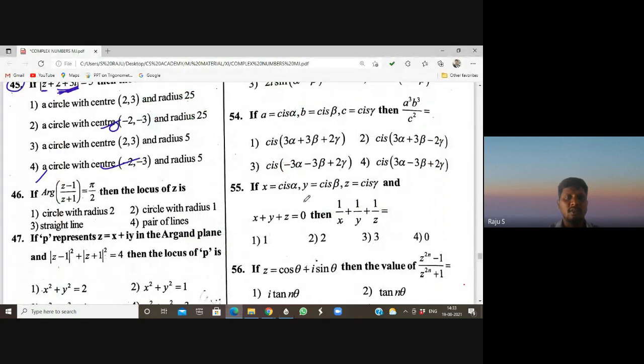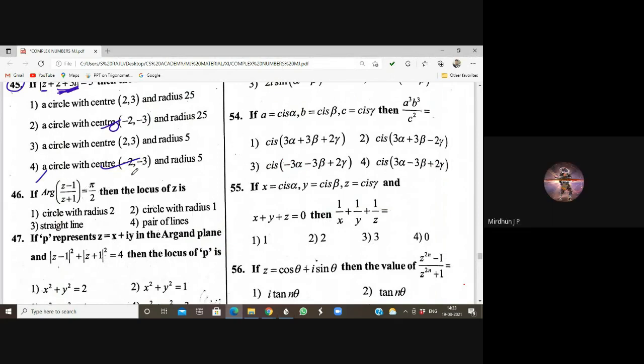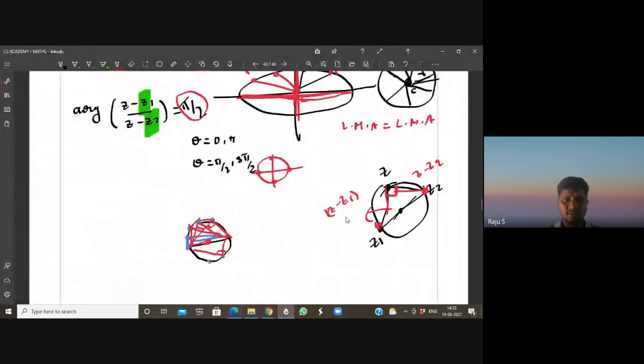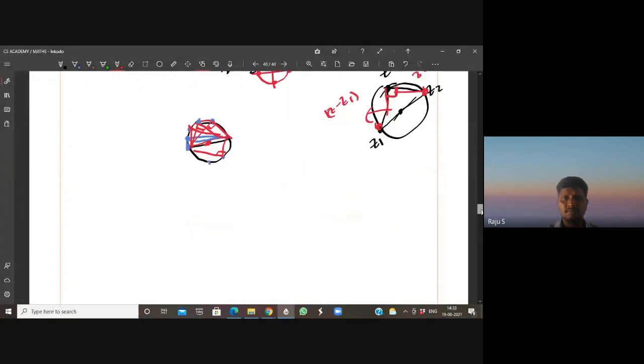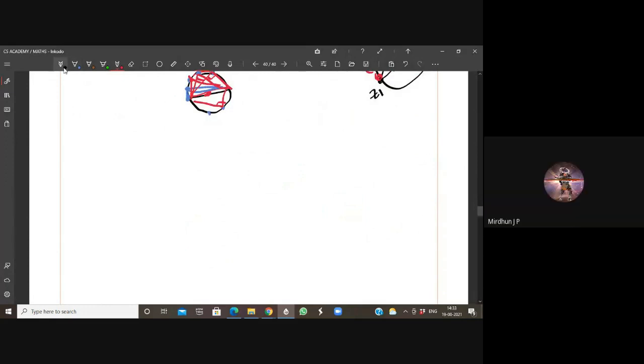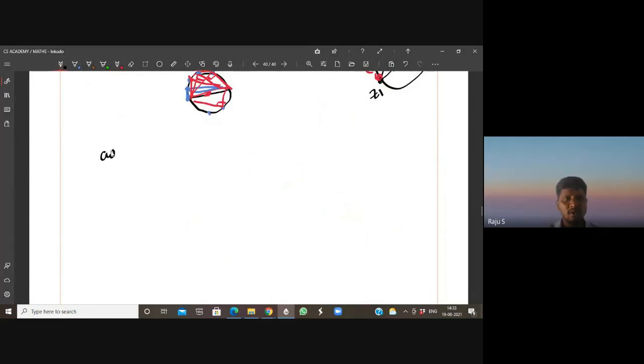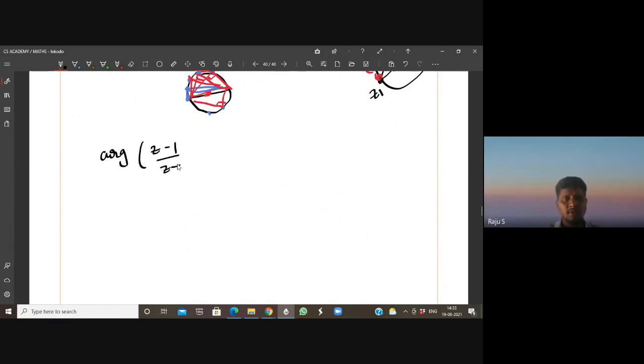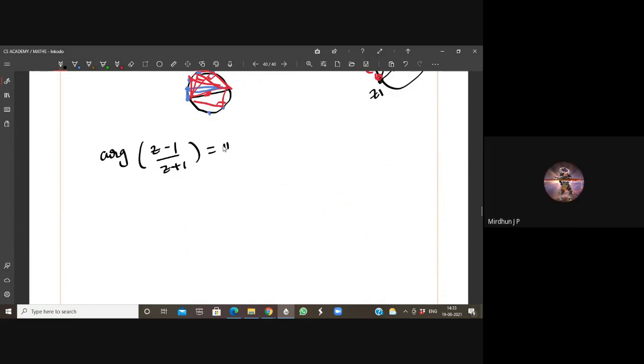But the thing is, here, the second option, sir, yes, the second option is obviously right, because you know what Z1, Z2 are here. The question is argument of (Z minus 1) by (Z plus 1) equals 90 degrees, that is pi by 2.